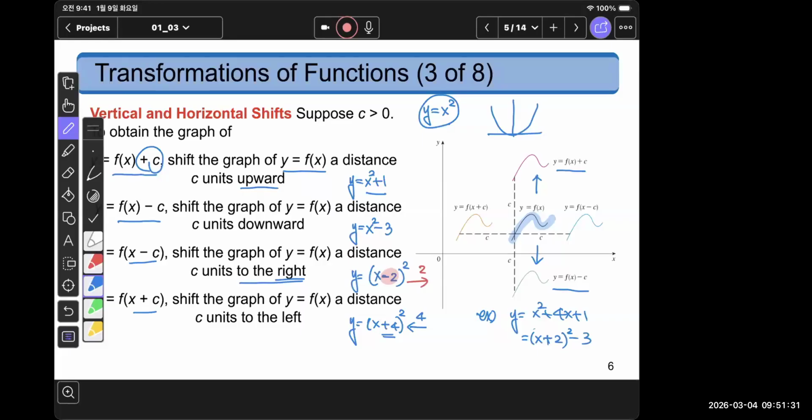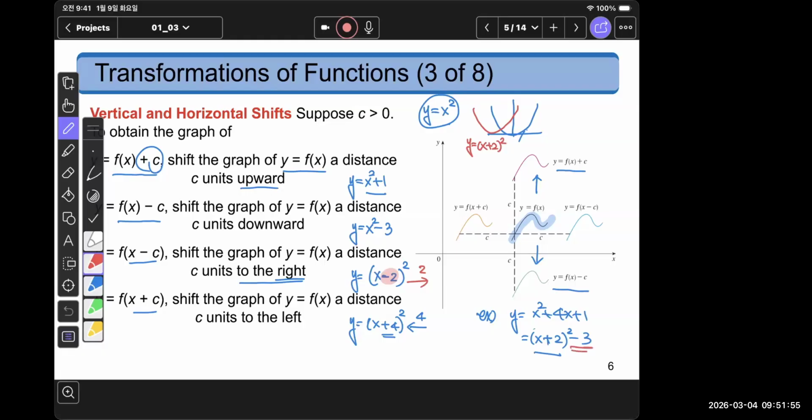So if I know the graph of y equals x squared, then I can draw the graph of y equals x plus 2 squared, which will be obtained by translating the graph of x squared to the left. So that is the graph of y equals x plus 2 squared.